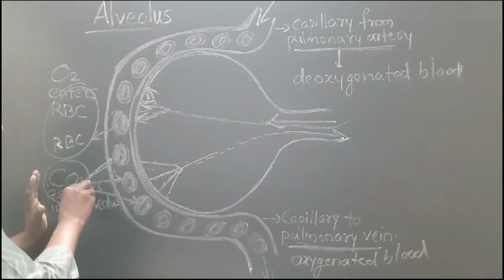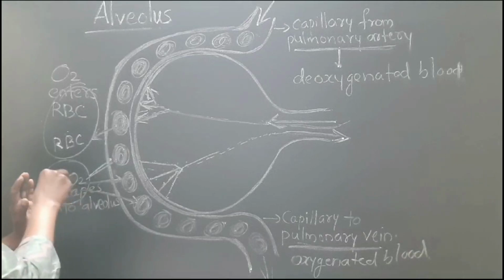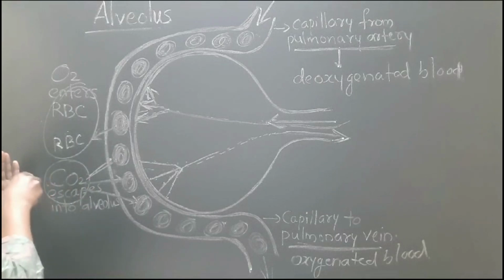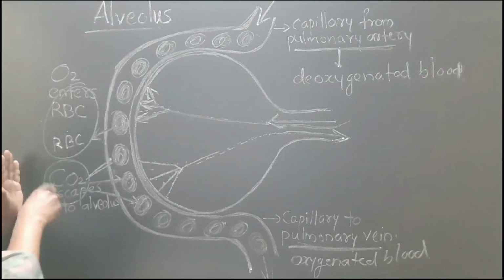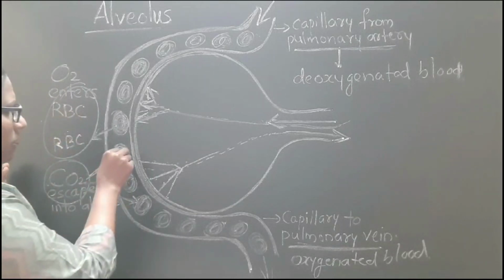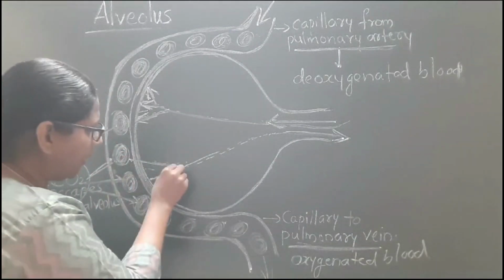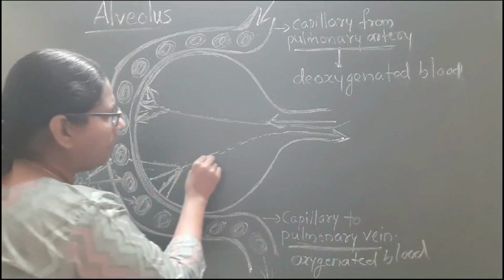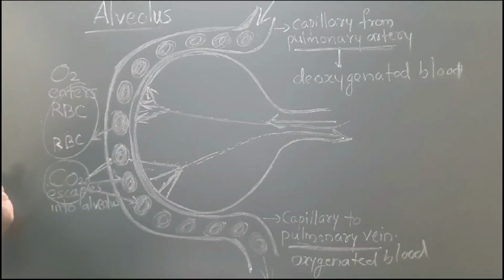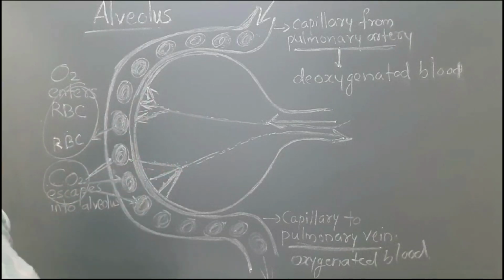After aerobic respiration, the cells save the energy in the form of ATP, and the carbon dioxide and water get back to the blood. Through the alveoli the carbon dioxide and water escape, and when we breathe out, this goes out. This is how gas exchange takes place in the alveolus.